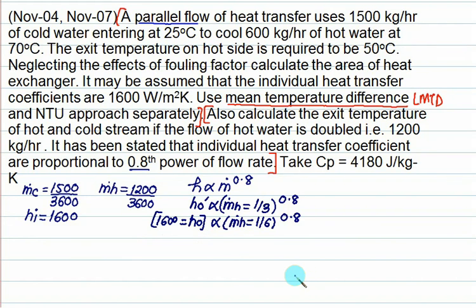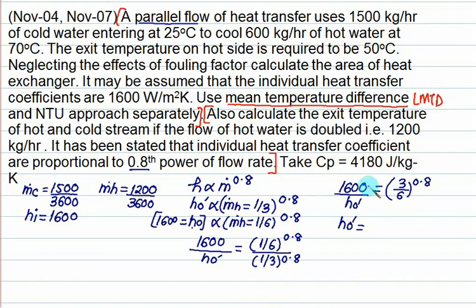If you take a ratio of these, 1600 divided by the new value of HO is 1 by 6 to the power 0.8 divided by 1 by 3 to the power 0.8. So can we calculate the modified value of HO? 1600 by HO dash is 3 by 6 to the power 0.8. 3 by 6 is 1 by 2. From this you can get the value of HO.